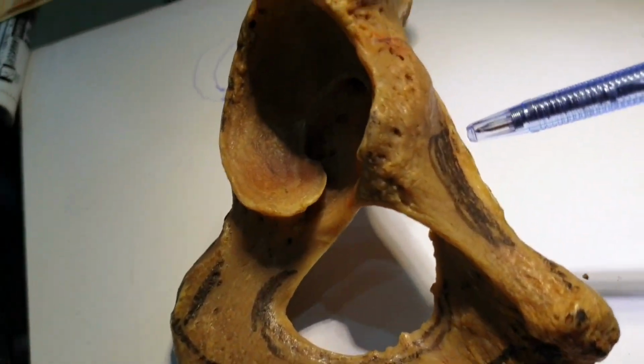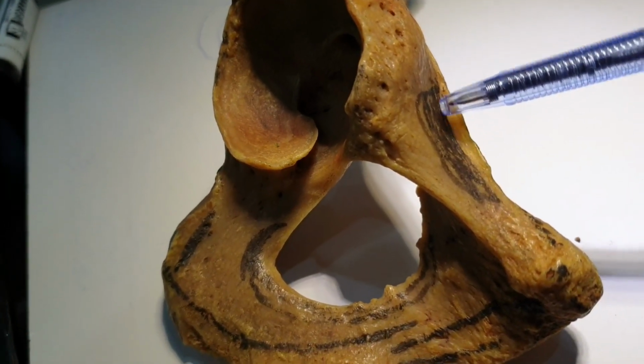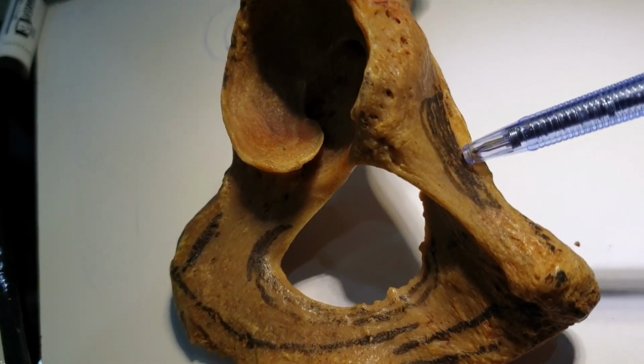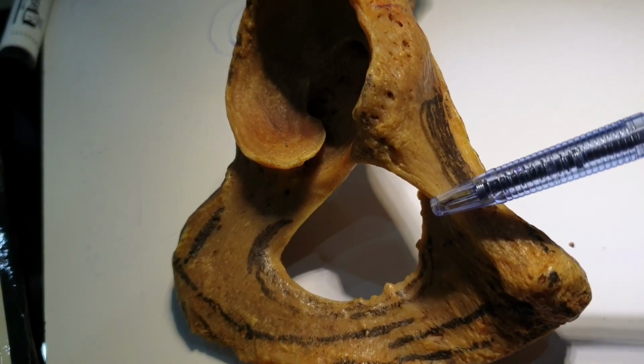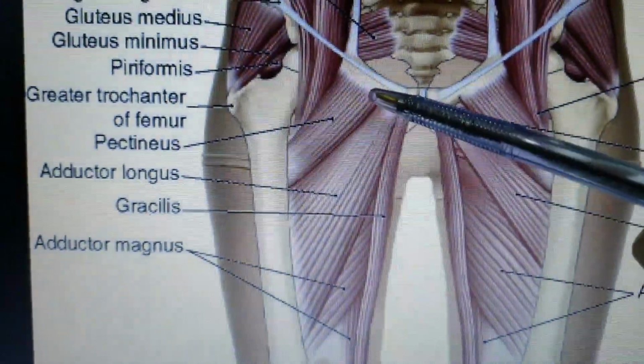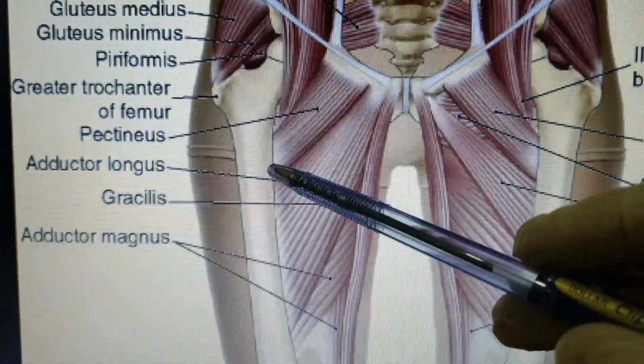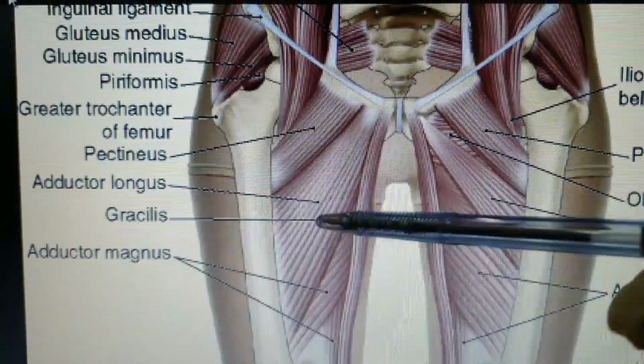This is the pectineal line, and this is the pectineal surface of the superior ramus of the pubis, which lies between the pectineal line and the obturator crest. So this muscle takes its origin from here and it goes down to get its attachment on the femur.